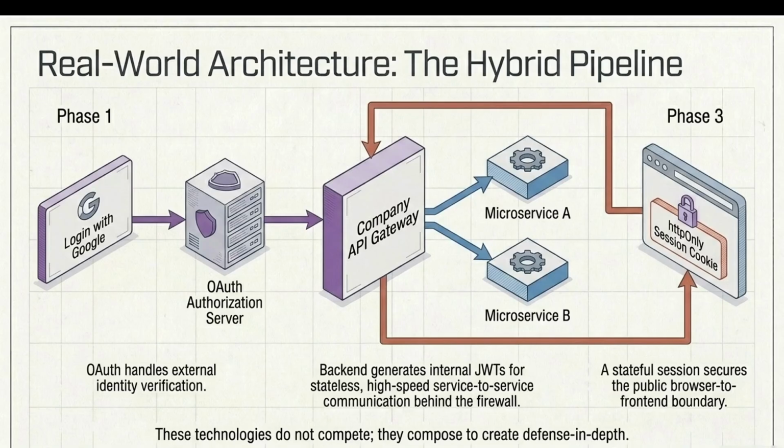Then coming to real world architecture, the hybrid pipeline: how does the process go ahead? When you are logging in with Google authentication, the authorization server lets you in or moves you ahead with authentication, and it is also important to consider that it never shows your credentials.